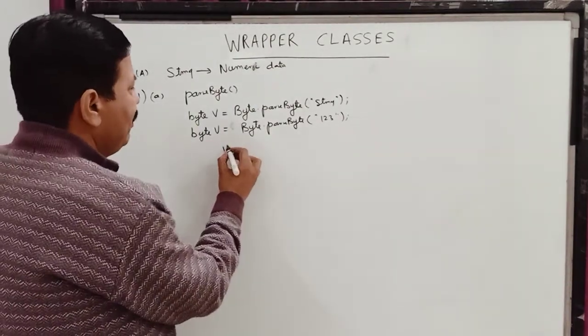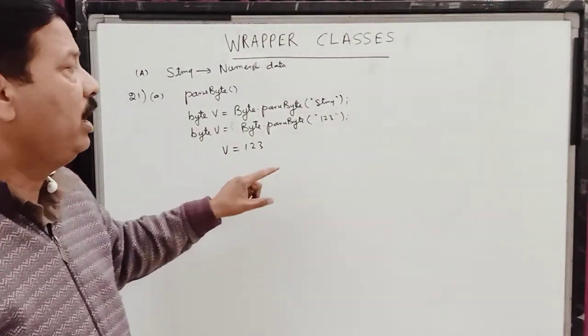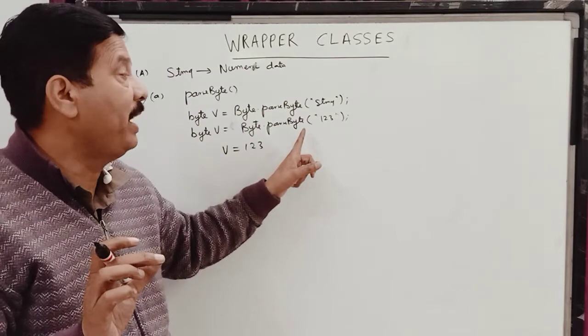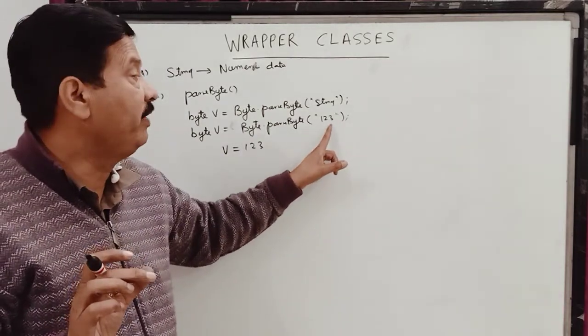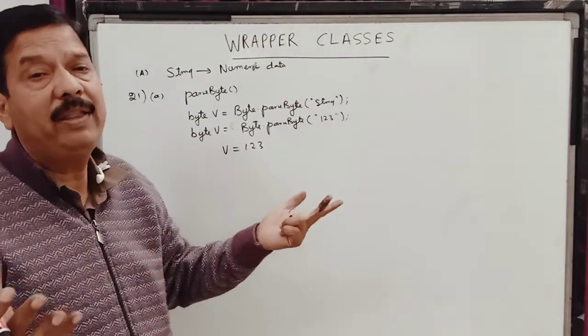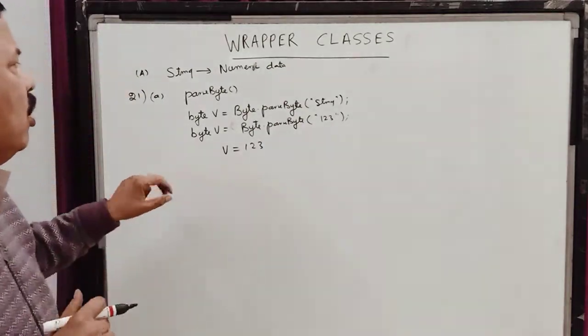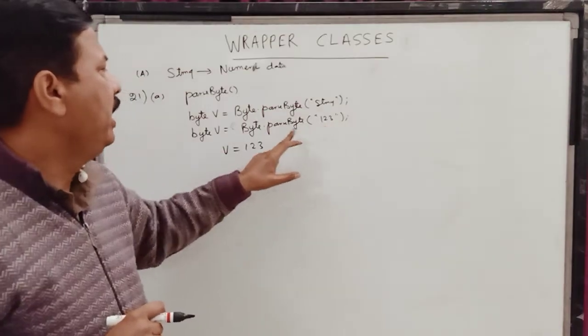So in v we are going to get the number 123. But children, it is only going to convert numbers within the range of byte. The range of byte is from -128 to 127. If it is greater than that, then the number gets reduced to that range and you get that value. So this particular function is converting string data into byte data.